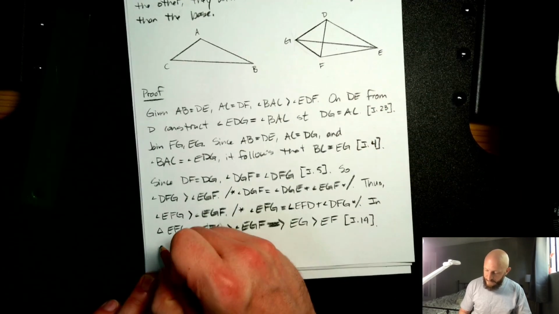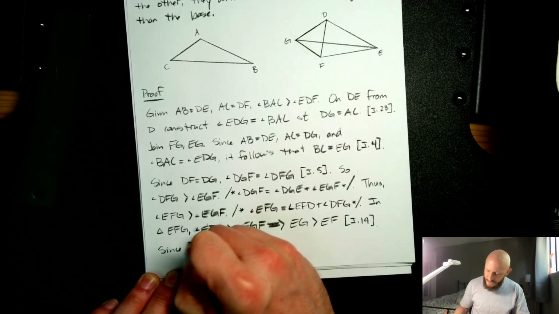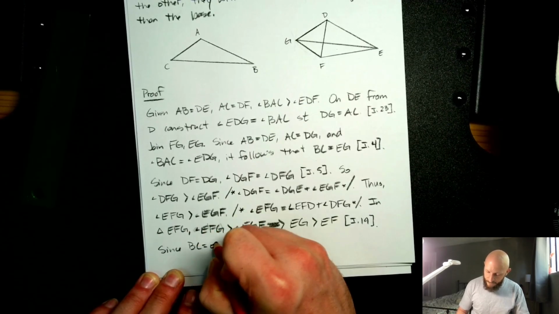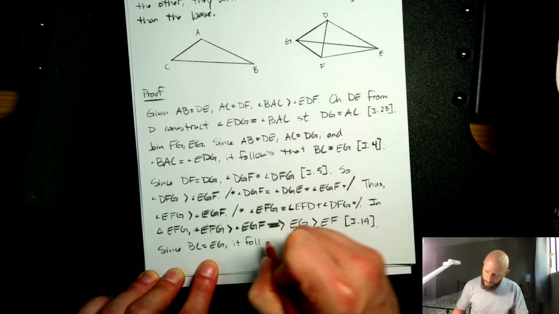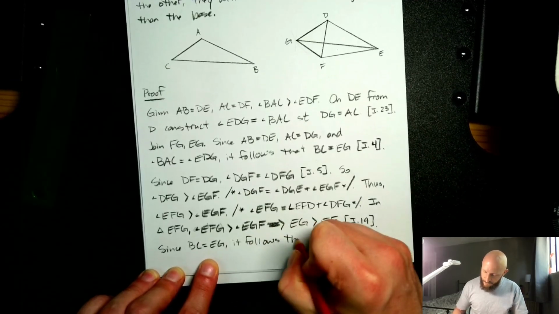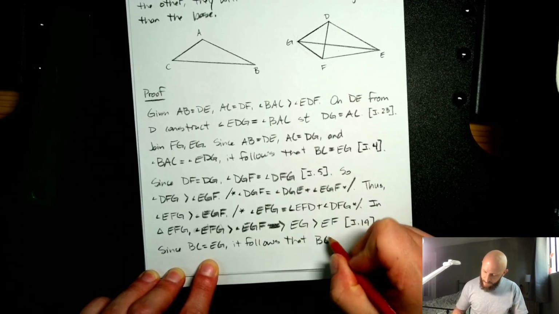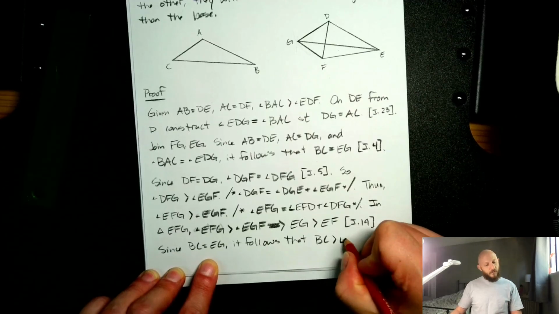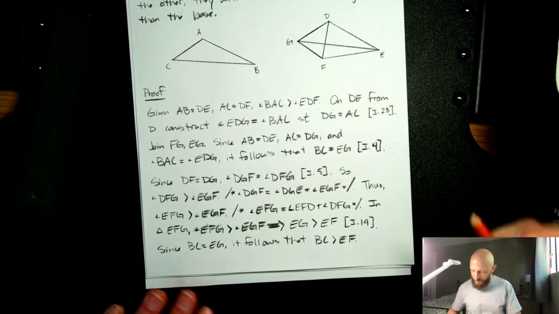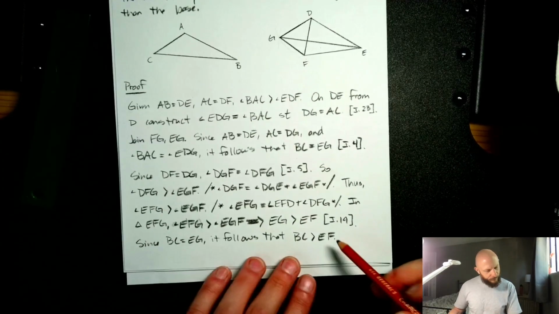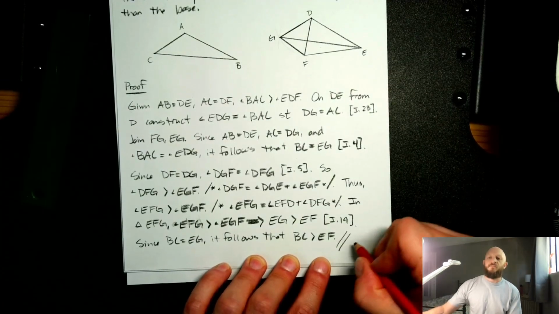So since BC equals EG, it follows that BC is greater than EF. And that is what we needed to prove. That was what we initially set out to prove. So, yep, that's the end of the proof. QED, therefore, etc.